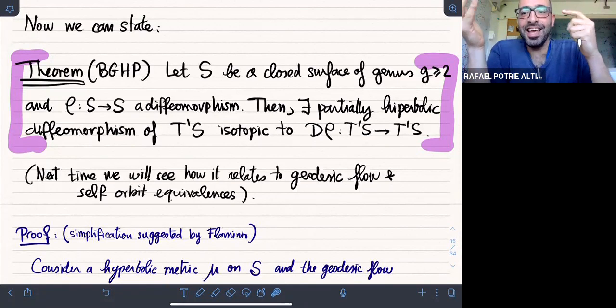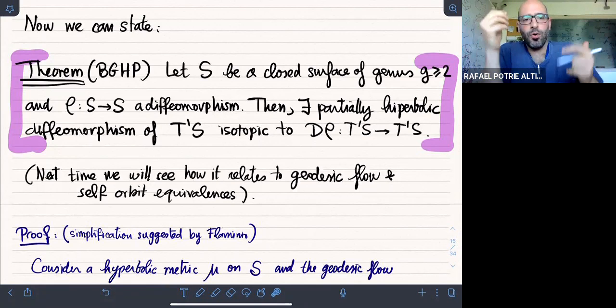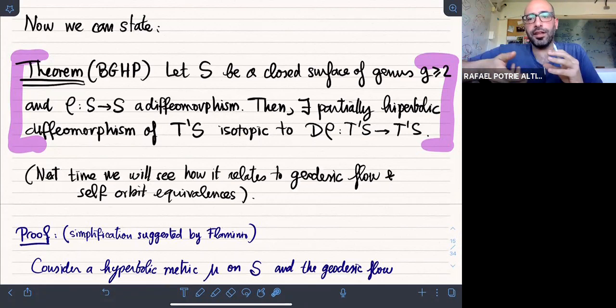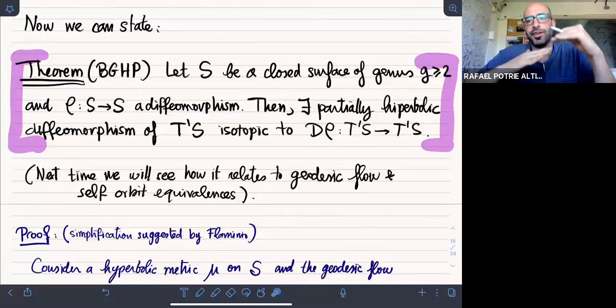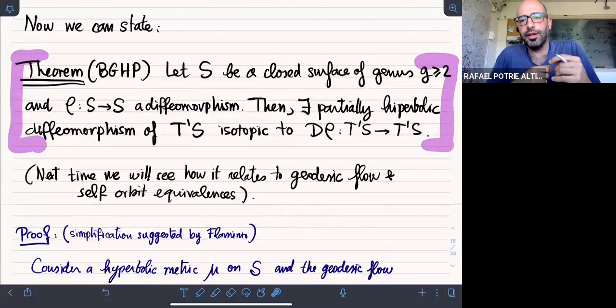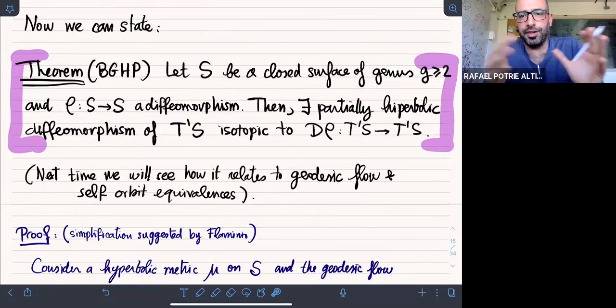So the point is that before, we had an argument by hand to show that for certain Dehn twists on certain hyperbolic metrics, we could do the transversality, and that was by hand because we understood where the bundles were, and so we could find some map by hand. It was like a brute force argument that allows you to show that you have the transversality.